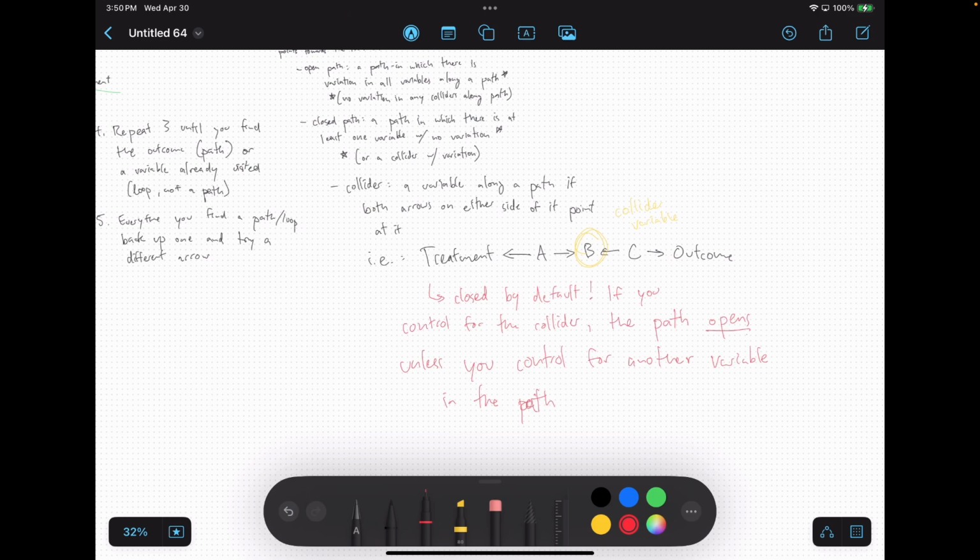Any questions about that? Okay, I think this is actually going to be a good place for us to stop. And next week, when we pick up again, we are going to show you how to leverage the causal diagrams and actually implement real models to try and get at the causal effects of variables.